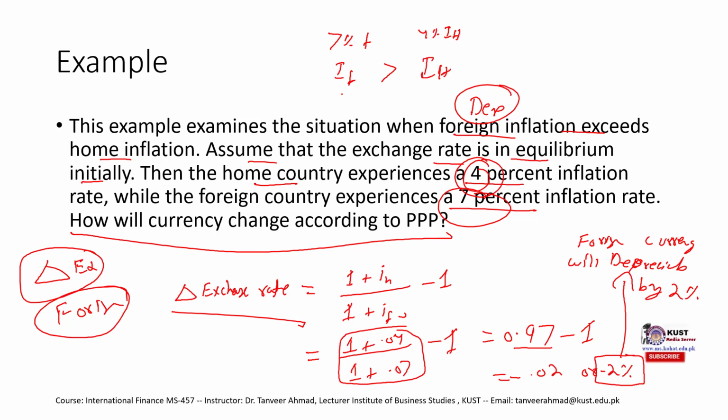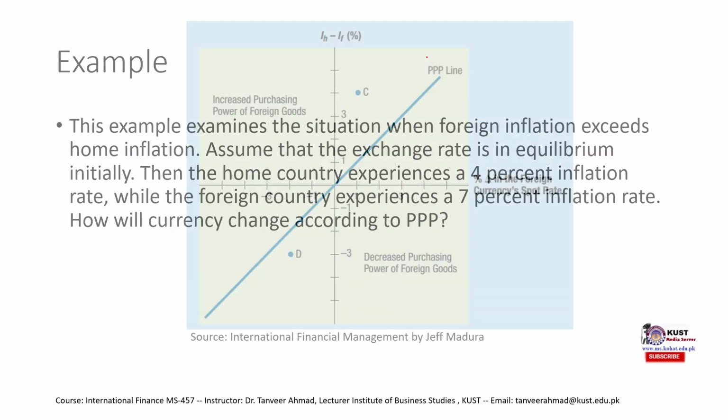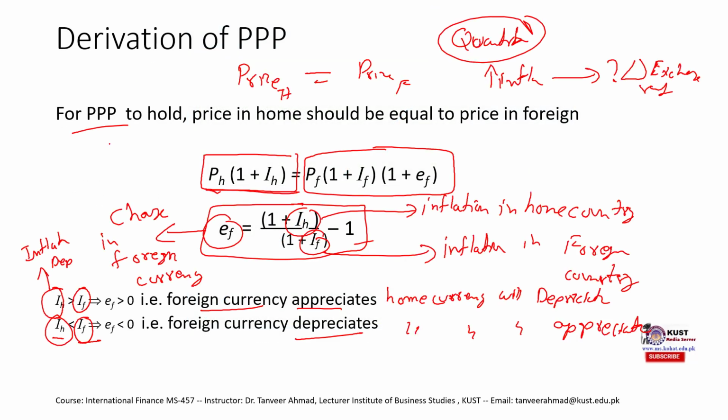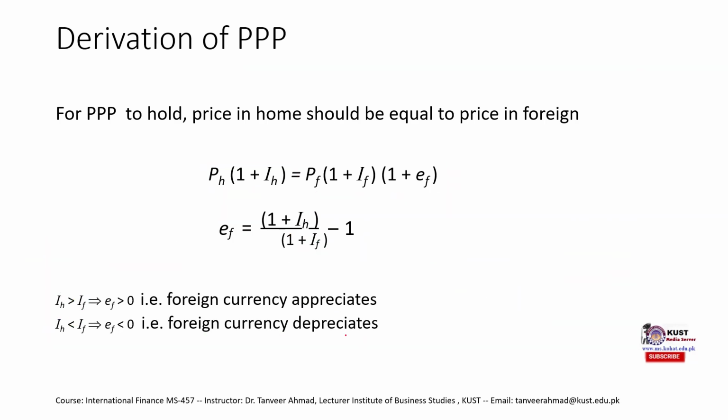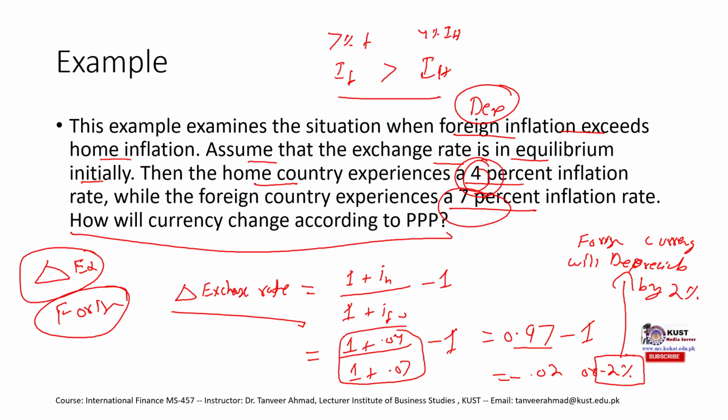So if IF is greater than IH, as we saw in the previous slide, the foreign country's currency would depreciate and the home currency would appreciate. So whichever country has higher inflation, its currency would depreciate.